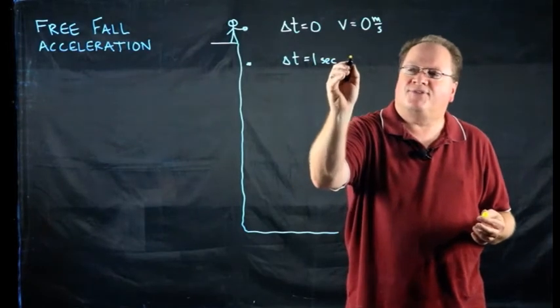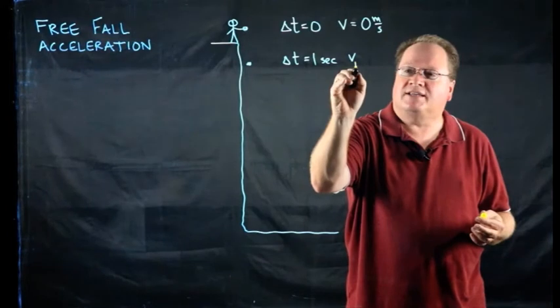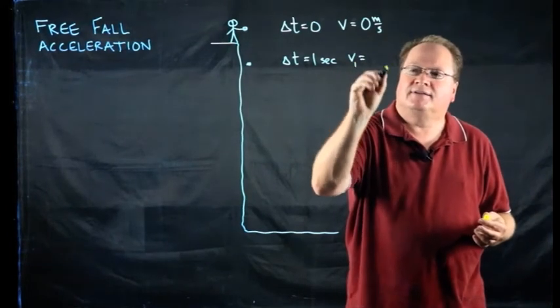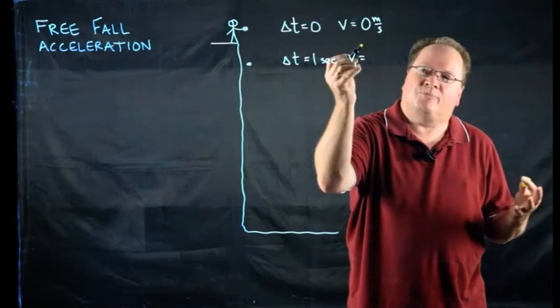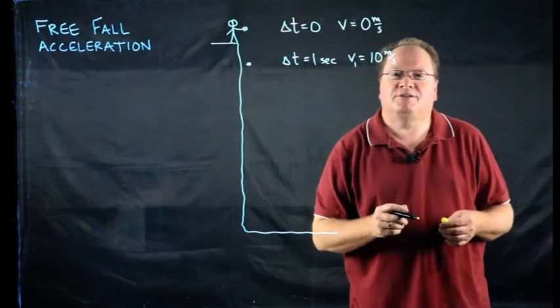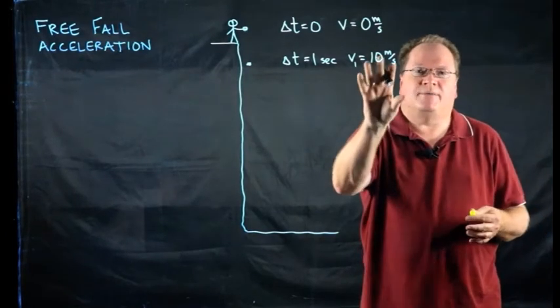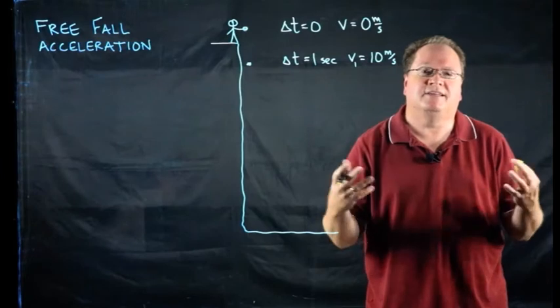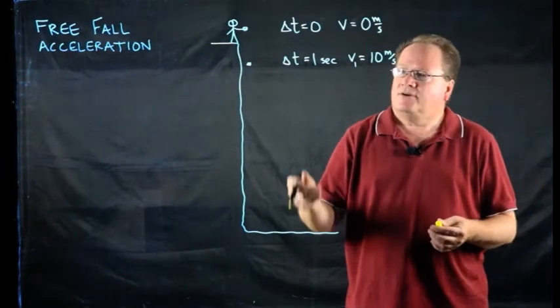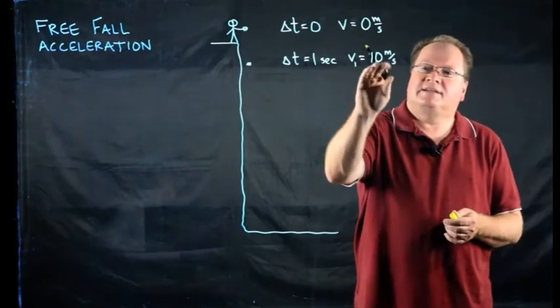Well, what we will see is that after 1 second, our new velocity is going to be approximately 10 meters per second. In AP Physics, we're usually going to use 9.8. I'm simplifying just to make the math a little easier. Okay? So after 1 second, the velocity of this rock is now 10 meters per second.